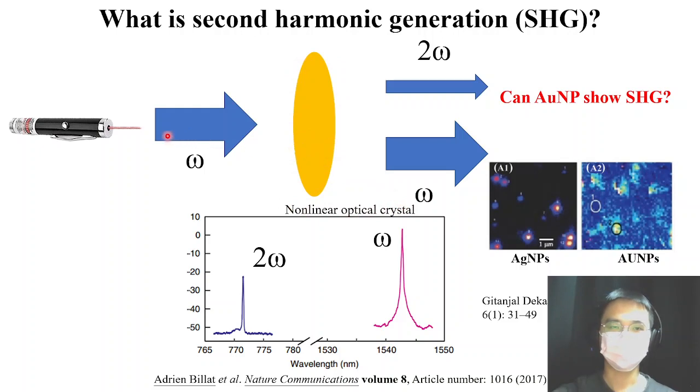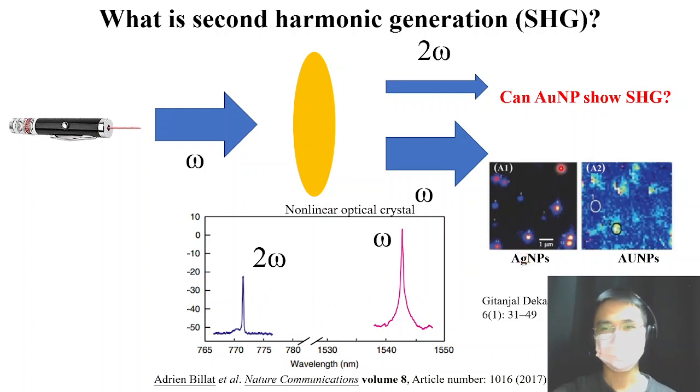About 90 or 95% of it goes out at omega, but some of it goes out at 2 omega, as we can see in the second graph. This one is the laser I put in, and if my crystal or material has nonlinear optics, it will have 2 omega, with stronger energy here.